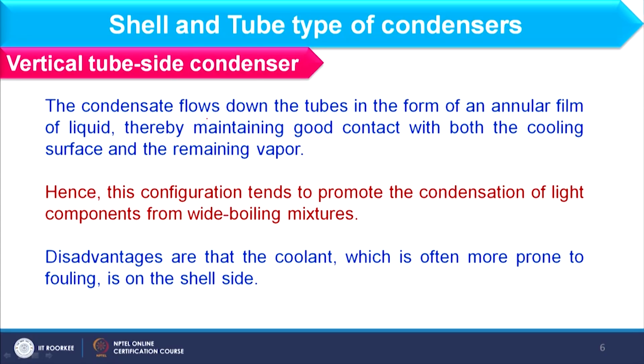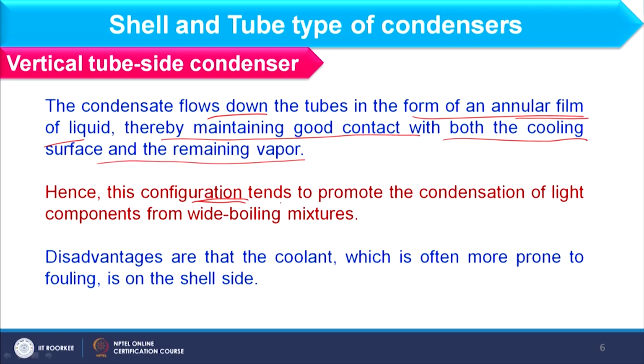And further we have few more points about this, such as the condensate flows down the tube in the form of annular film of liquid, and thereby maintaining good contact with both the cooling surface and the remaining vapor. So, when we consider the movement of condensate, it is along the inner periphery because it is inside the tube, right.